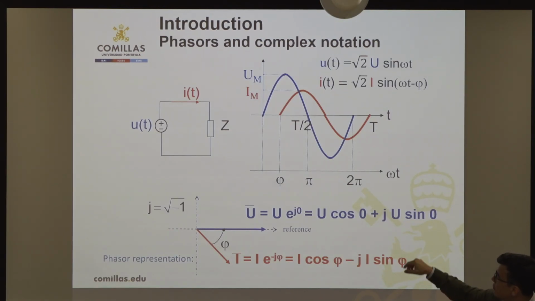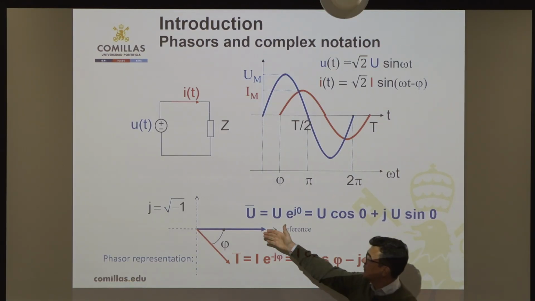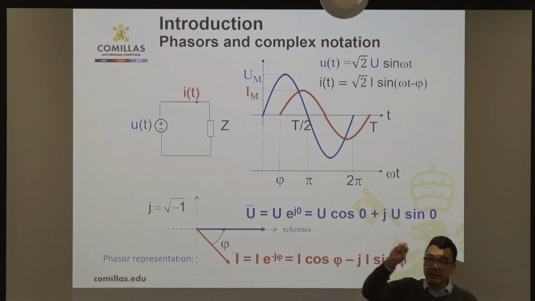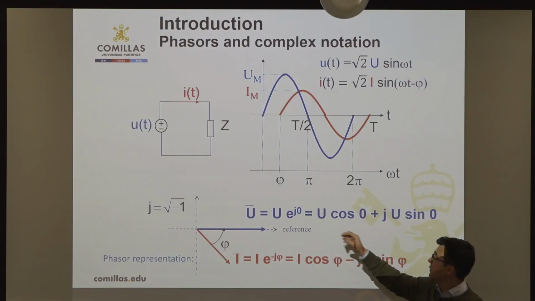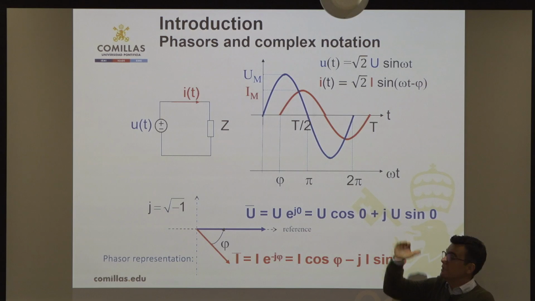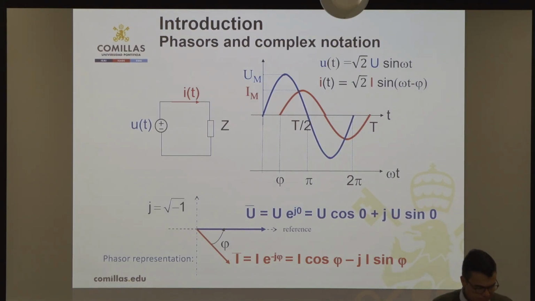Okay, this explains a little bit what I have just said. These are the phasor representations, and I'm saying that because we need to express the voltage at every node of my network by means of the magnitude, which is the amplitude of this sinusoidal wave, and the angle with respect to a given reference.